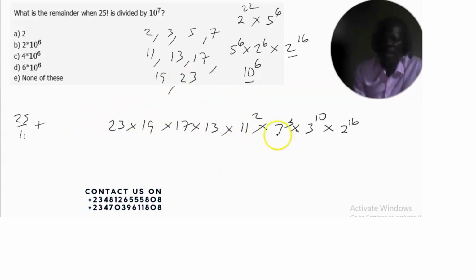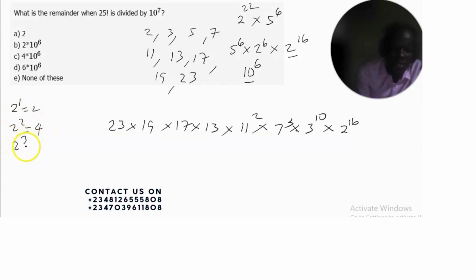So all we need to determine now is the unit digit of this product. So how are we going to go about that? There's a formula to use. Let's determine the unit digit of 2 raised to power 16. 2 raised to power 1 is 2, 2 raised to power 2 is 4, 2 raised to power 3 unit digit is 8, 2 raised to power 4 unit digit is 6, 2 raised to power 5 unit digit is 2, the cycle will start all over again.